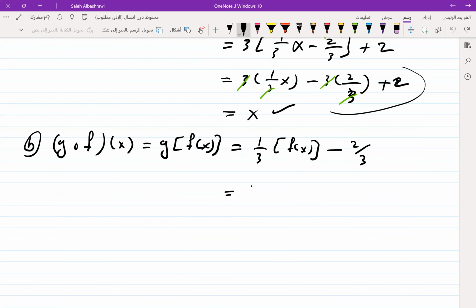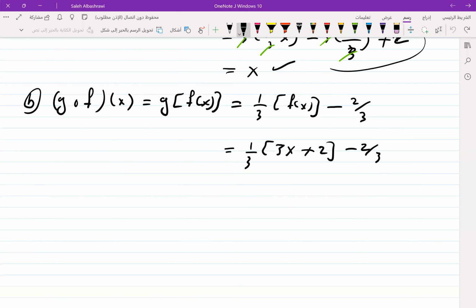So this is 1/3 multiplied by 3x plus 2, minus 2/3. Open the bracket: 1/3 times 3x will be x, and 1/3 times 2 is equal to 2/3, minus 2/3.